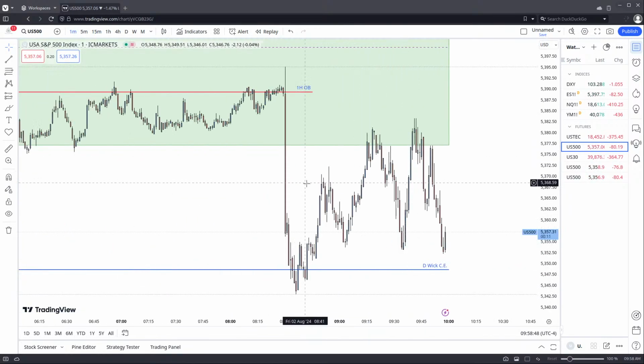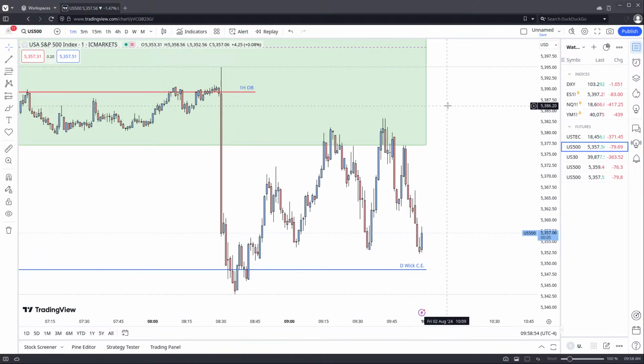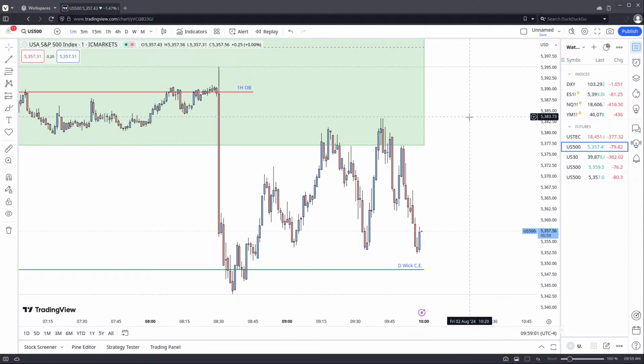So far, we have been basically chopping since 8 a.m., 9:30 opening. It's been up and down chop, nothing clean. We could see silver bullet come in, and that could potentially clean things up from 10 to 11.